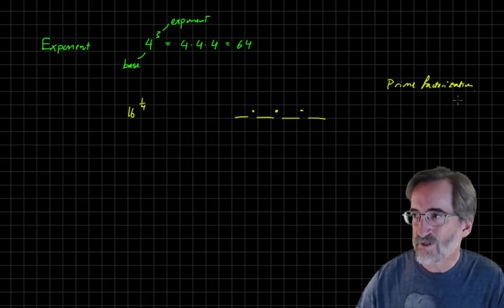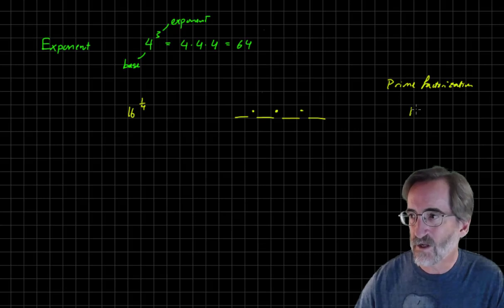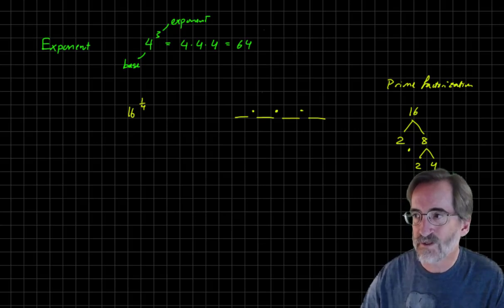You would have learned this in middle school, probably. Prime factorization: take the number 16 and factor it. You can use a factor tree. 16 is 2 times 8. 8 is 2 times 4. And 4 is 2 times 2. So we can hopefully see that 2 times 2 times 2 times 2 is 16.